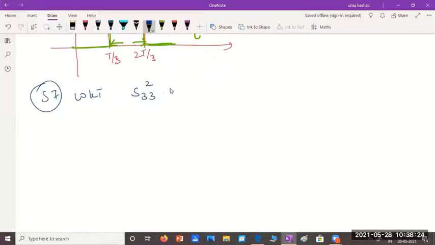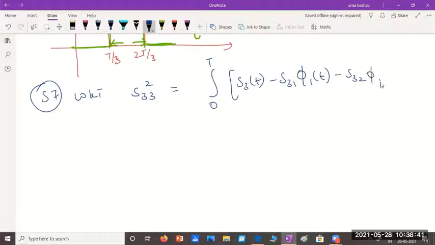S33 square can be defined as the integral from 0 to t of S3 of t minus S31 into phi 1 minus S32 into phi 2, the whole square dt. This is how I will define this value S33. So I have to find S3 from which I should subtract S31 phi 1 and S32 phi 2. Then I'll be able to define this. How do we do it?